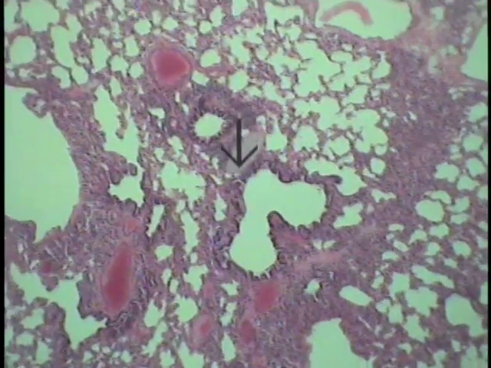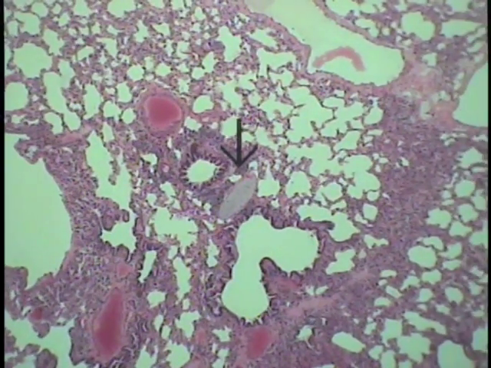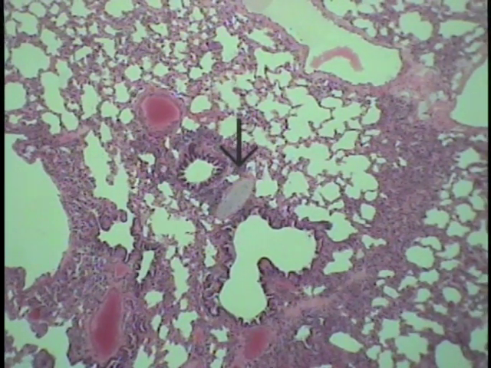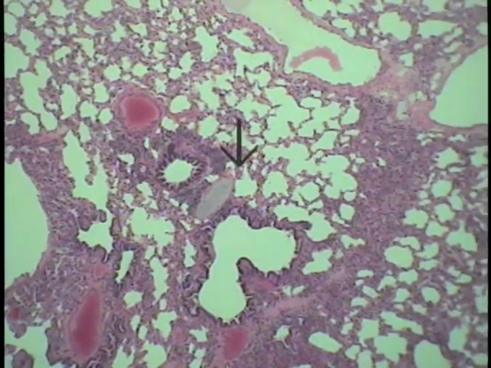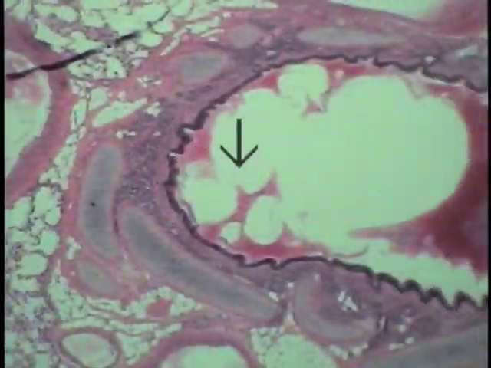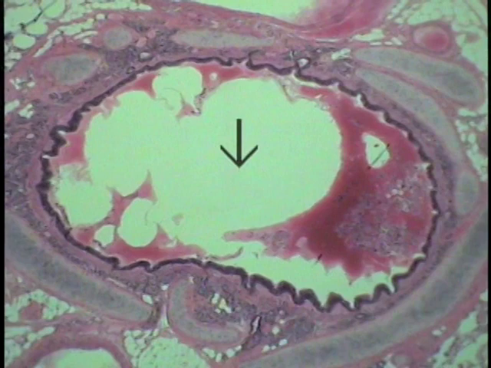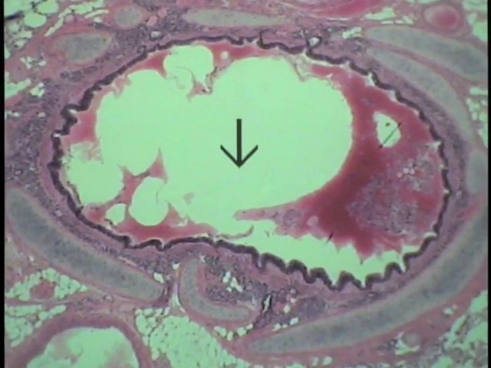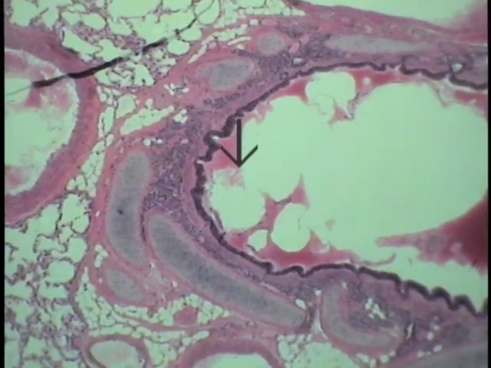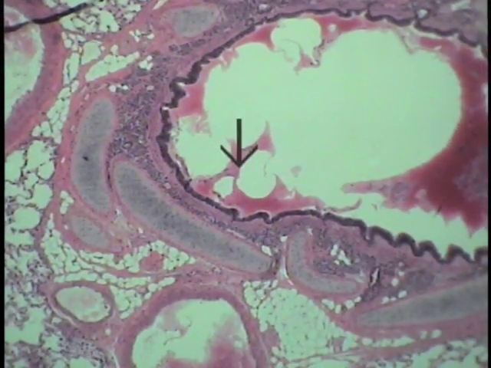So we're going from this structure as indicated by the pointer, sort of the end point of the bronchus system, to a structure such as this, which is more representative of how the intrapulmonary bronchi actually began. So let's examine this one now at increased magnification.